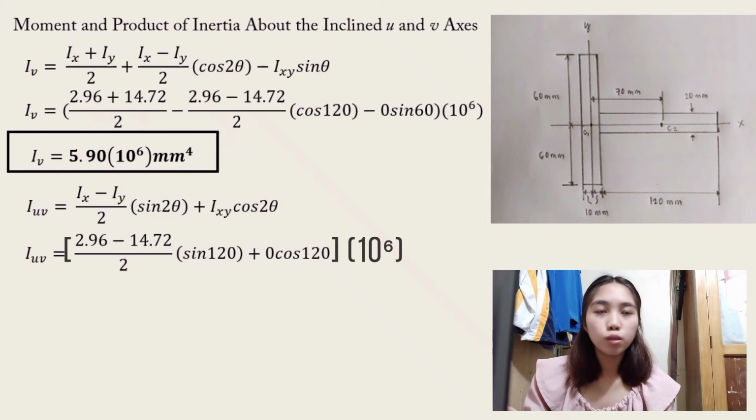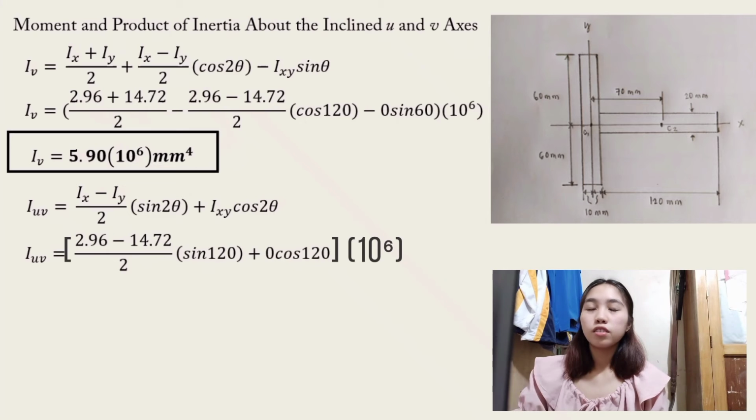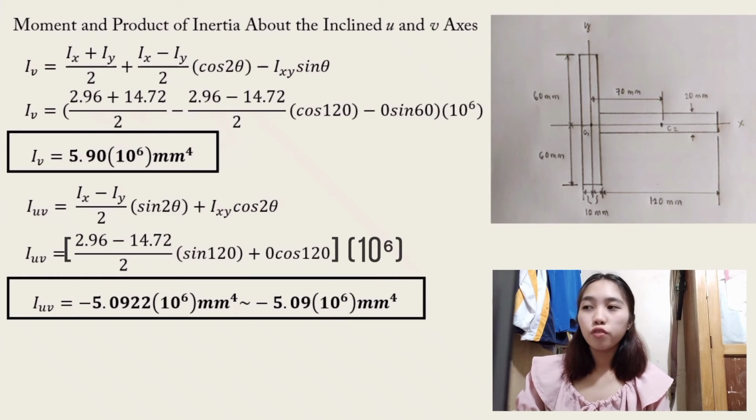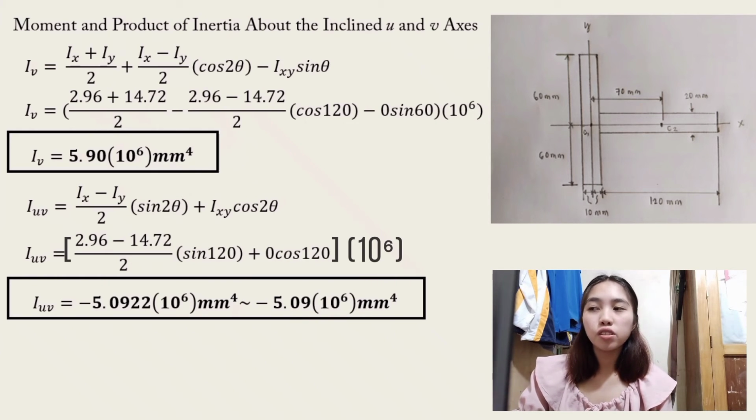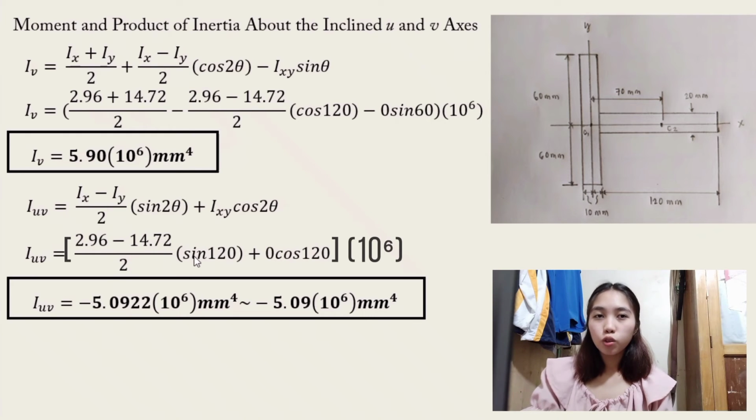So 60 times 2 is 120, plus 0 times cosine 120. So the product of inertia of uv is equal to negative 5.0922 times 10 raised to 6 millimeter to the fourth, which is equal to negative 5.09 times 10 raised to 6 millimeter to the fourth to have three significant figures.